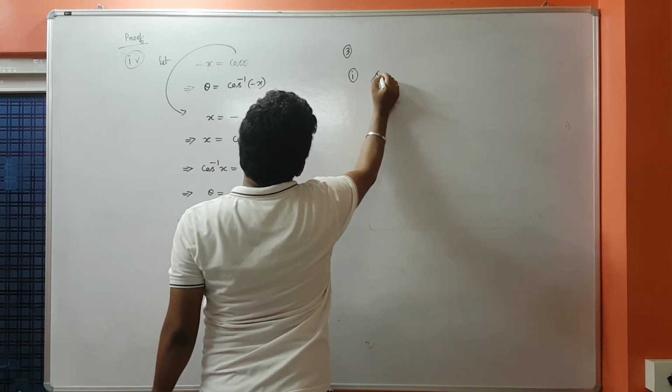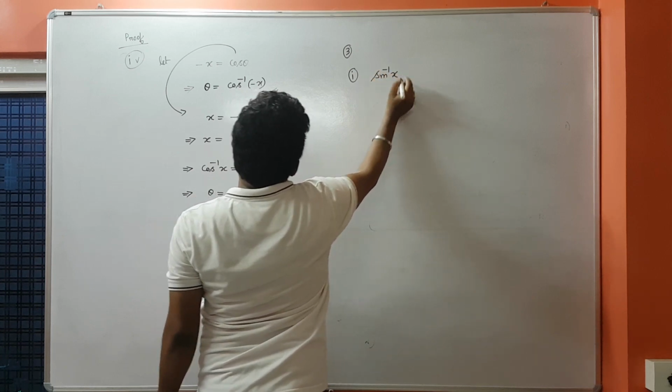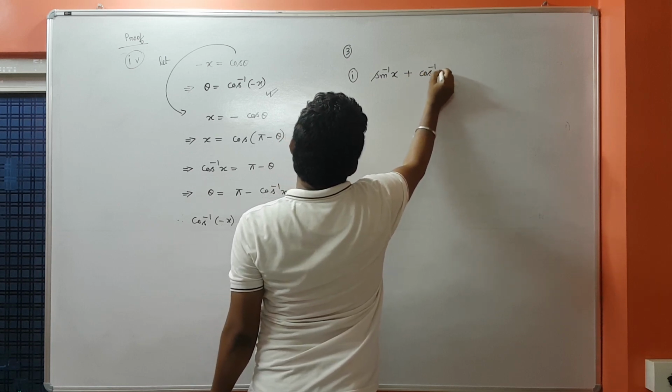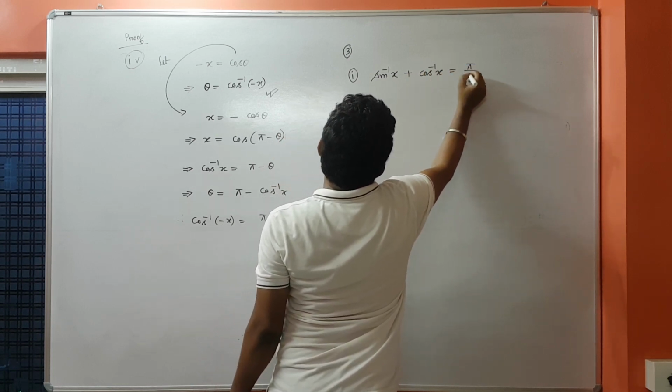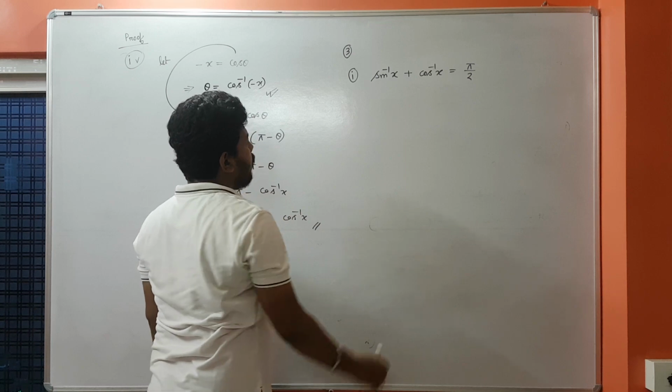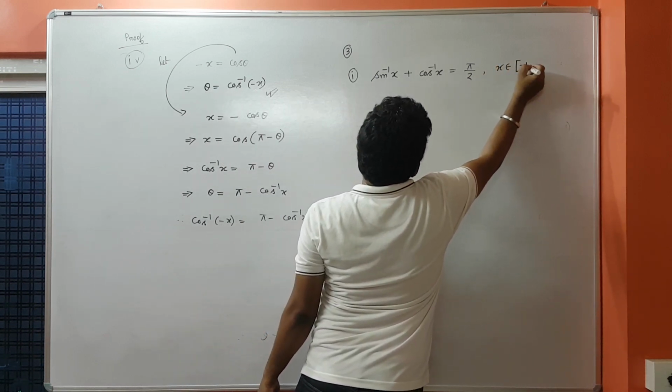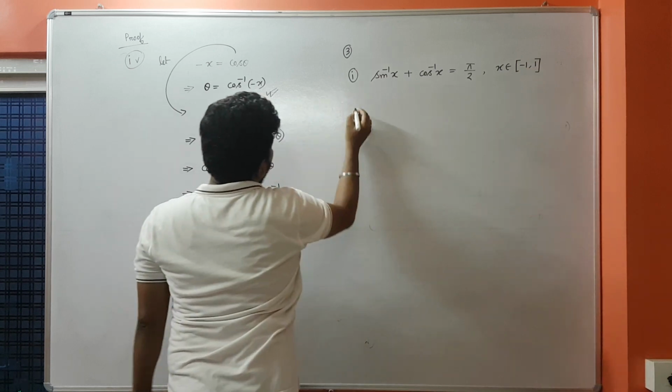Number 1: sin inverse of x plus cos inverse of x is equal to pi by 2, where x belongs to minus 1 to plus 1.